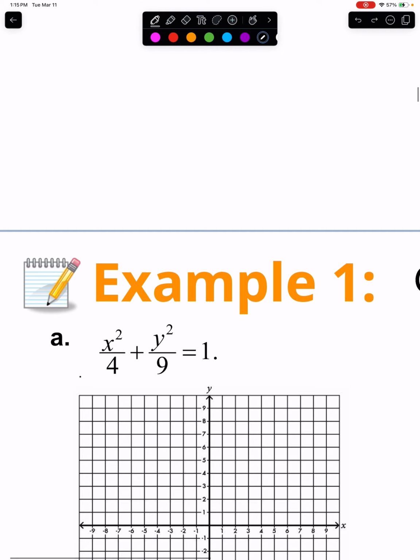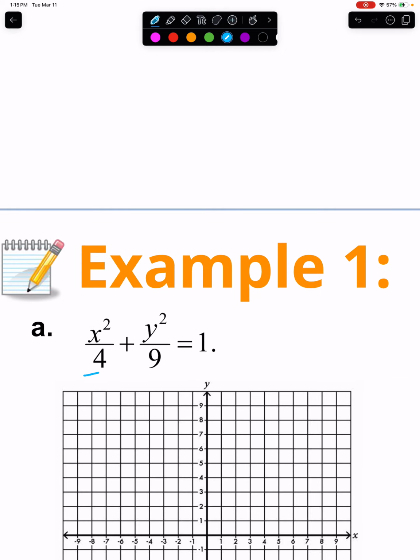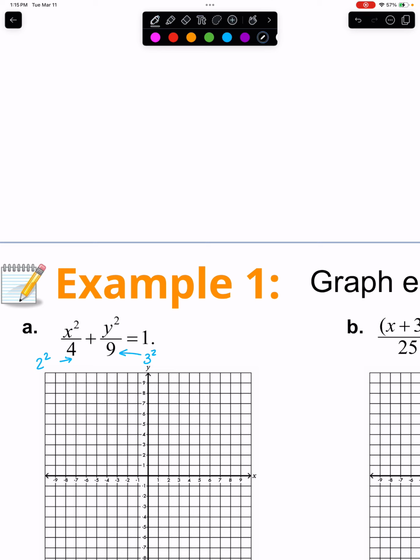So this 4 is in fact really, let me switch colors, 2 squared, and this is really 3 squared. And we know that we actually have a center here, x minus 0 squared over 4, y minus 0 squared over 9 equals 1.